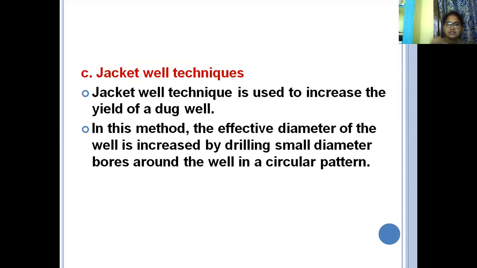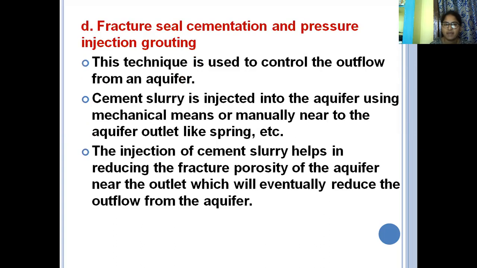And in jacket well techniques, the effective diameter of the well is increased by drilling small diameter bores around the well in a circular pattern.